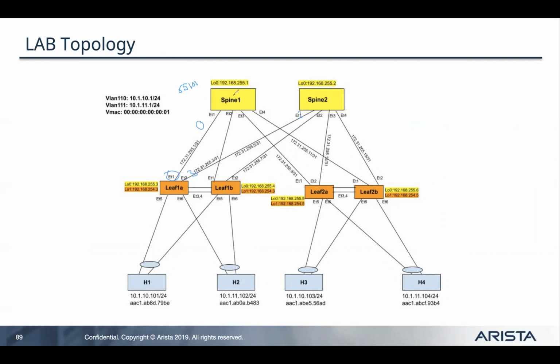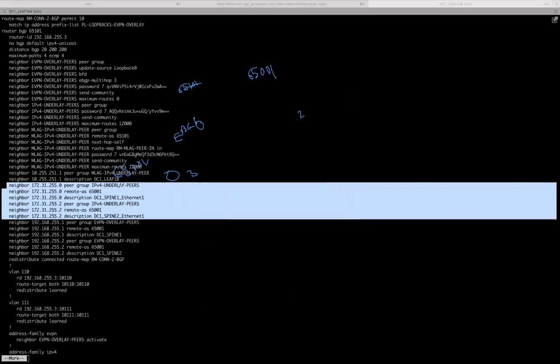So we have neighborship, and this 65101 is this device, and this spine is 65001, I believe, right? AS number. So we have EBGP between these two.